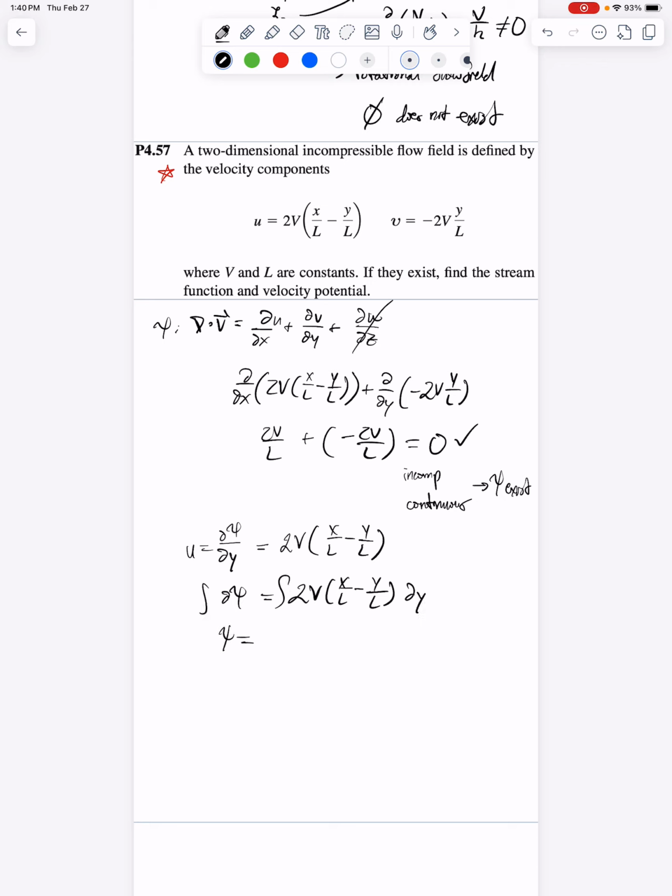Psi is equal to the integral of x over L, that is 2v... sorry, I'm blanking. The integral with respect to y of x over L, that is xy over L. The integral of negative y over L, that's negative y squared over 2L, plus a constant with respect to x.